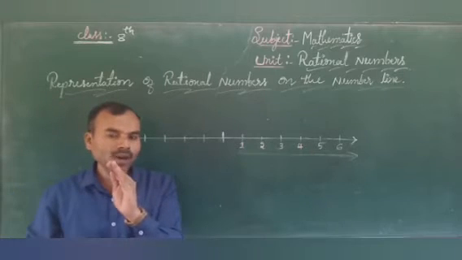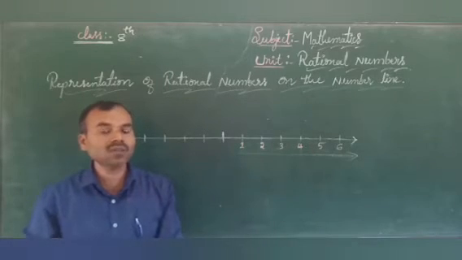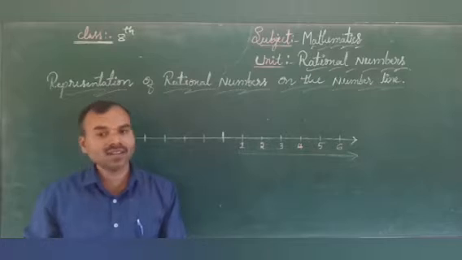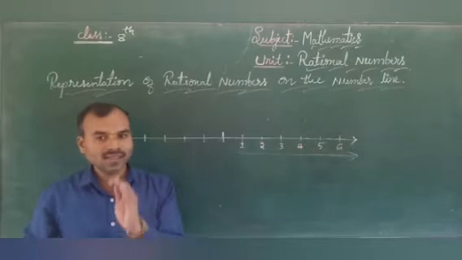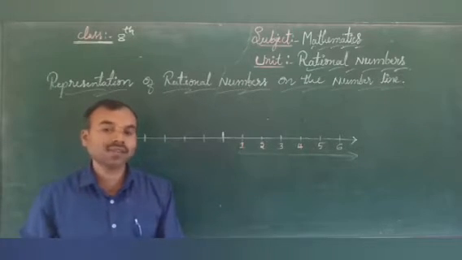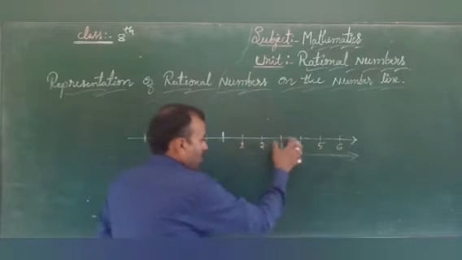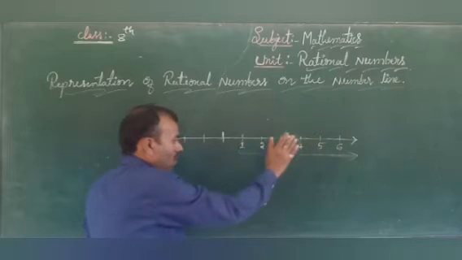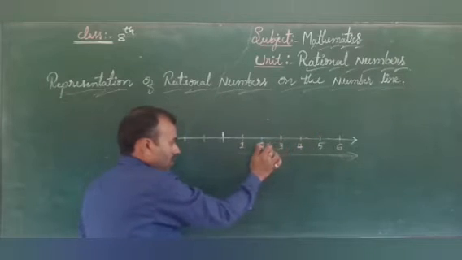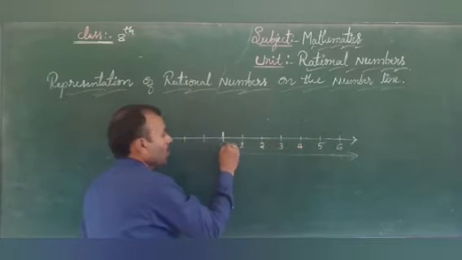Okay, next, how to represent the whole numbers? We already know the set of whole numbers is the set which contains 0 with the natural numbers. This is simple. 1, 2, 3, 4, 5, 6 and so on, with 0.